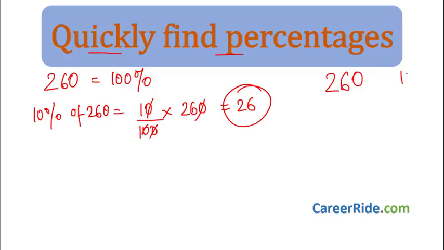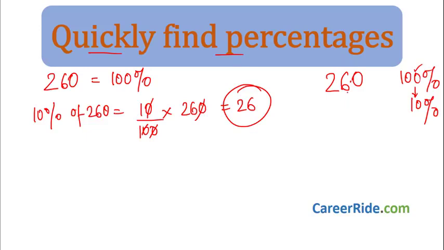260. What is this? This is 100%. What do we want? 10%, right? That means 10 is less. If 10 is less from 100% to 10%, this 0 is not there. If 10 is less, what you should do? You just need to put a decimal point from the right hand side. So from the right hand side, let's put one decimal point. This is 1.